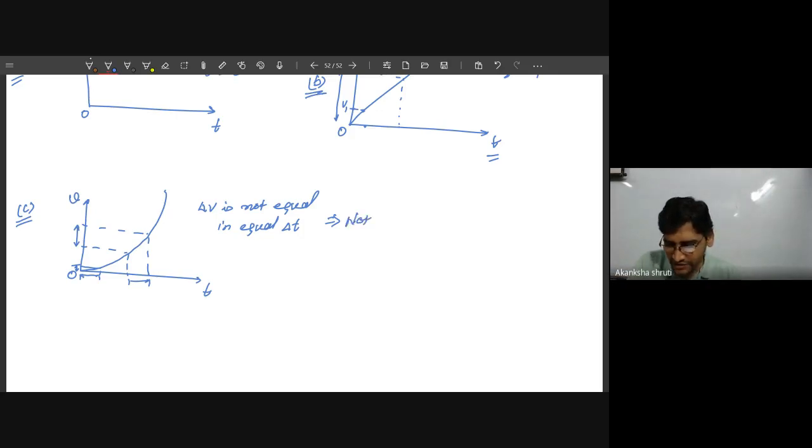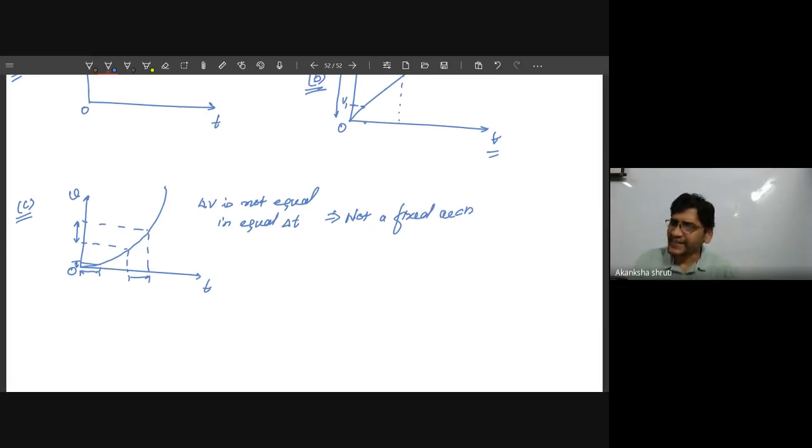So not a fixed acceleration. That is, acceleration itself is going to be different, meaning at different times there will be different acceleration. If you calculate from this time interval, acceleration will be something a1, and in this time interval the acceleration will be something a2. Then here a1 is not equal to a2.